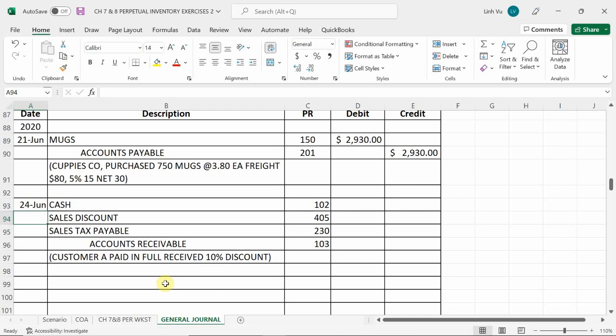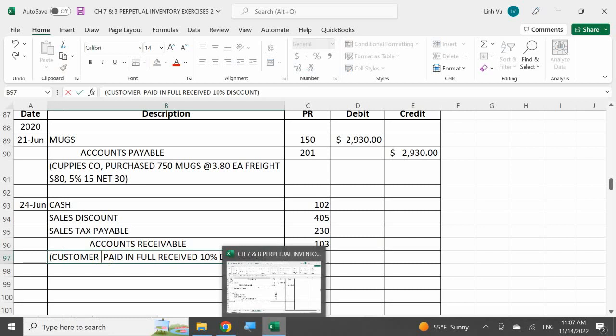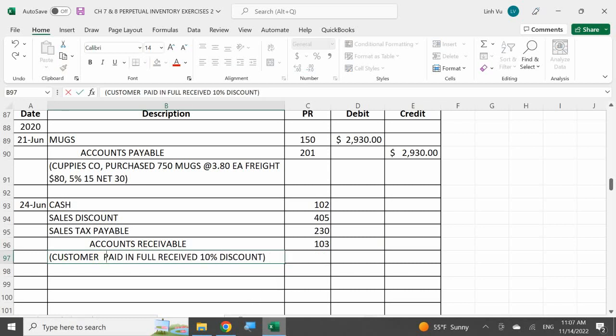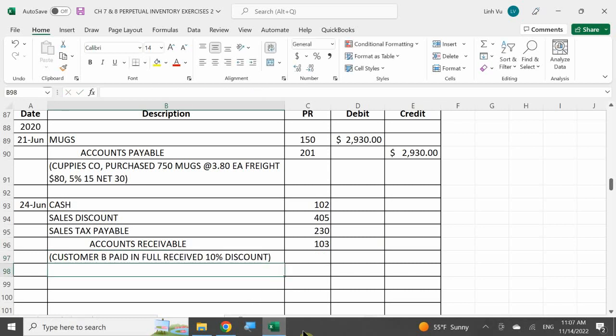Because we charge tax, we have to give a portion of the discount back, since they're discounting on the 500 mugs they originally purchased. Let's look at their accounts receivable. I'm going to write here, customer B paid in full and received a 10% discount.